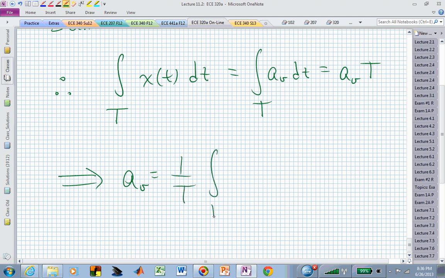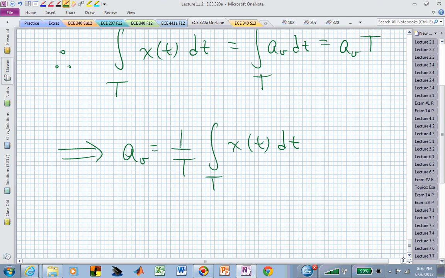That's just the average value of this periodic waveform over 1 period, meaning we integrate x over 1 period and we divide that period out, and A sub v then is our average value of x of t.